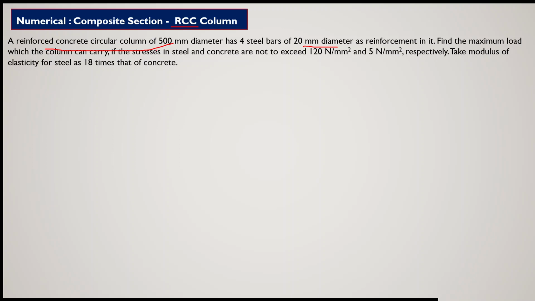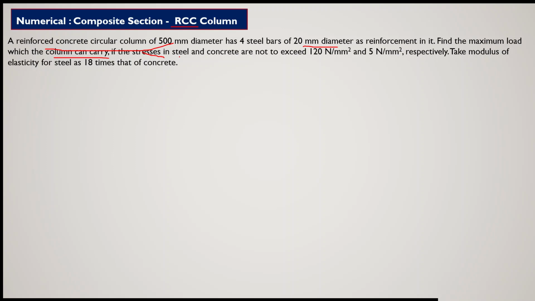This is the cross-section of the column in which 4 bars of 20 mm diameter are inserted. What is our question? We have to find the maximum load which the column can carry, that is, the load carrying capacity of this RCC column as a composite member.